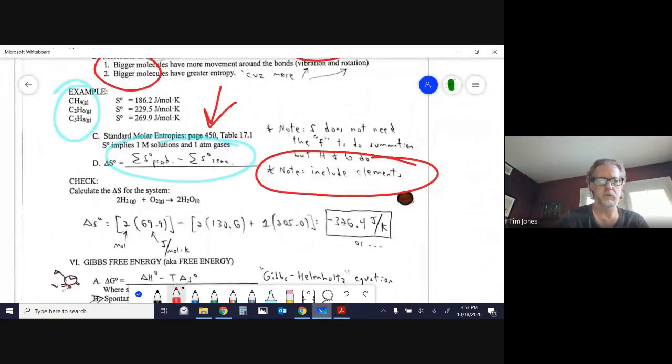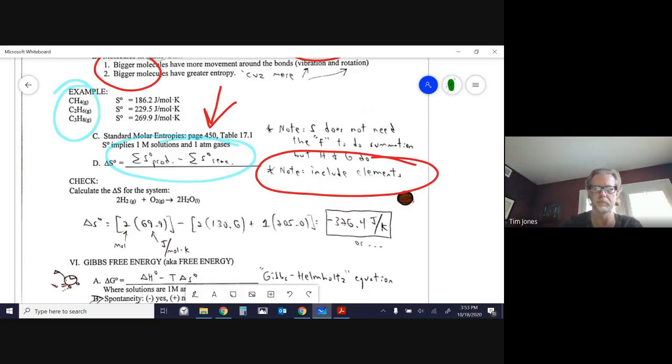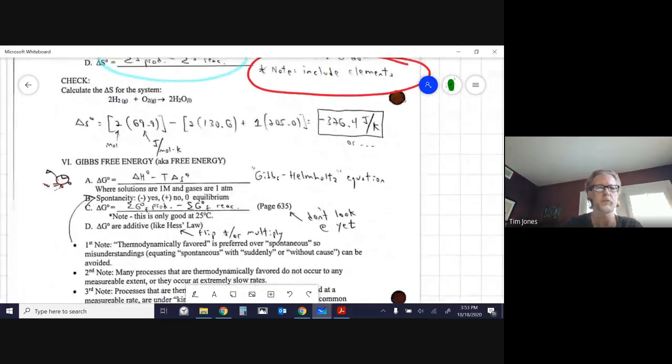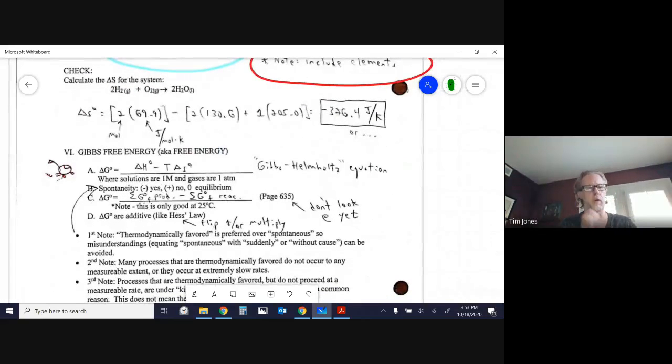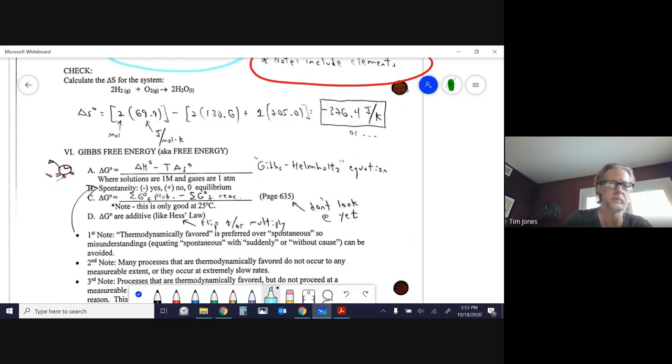Back to the notes. If you do the summation, again, do final minus initial. So if we look at this example with H2, O2, and H2O, I've got my products here. That's the value for H2O times 2 because of the coefficient.